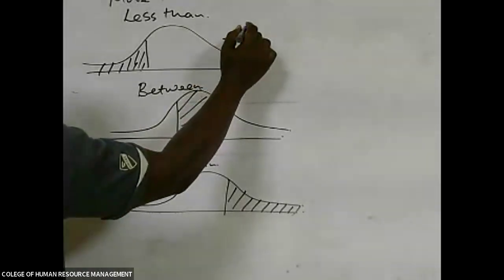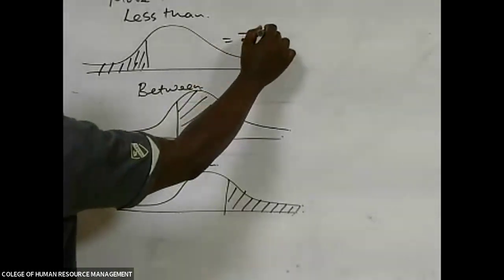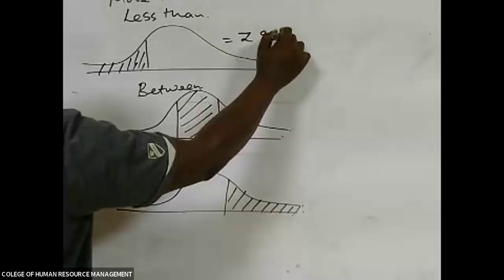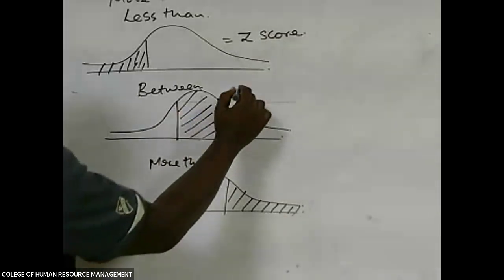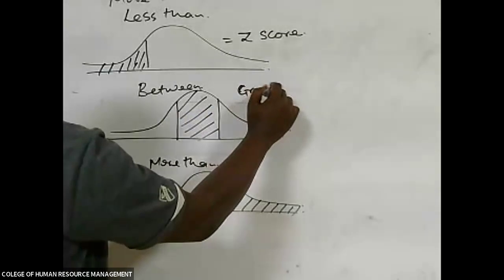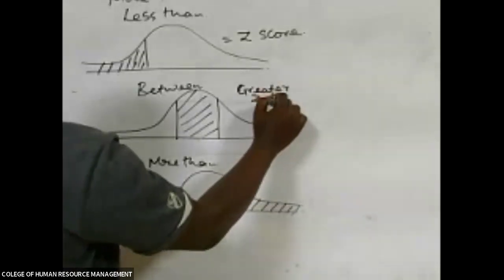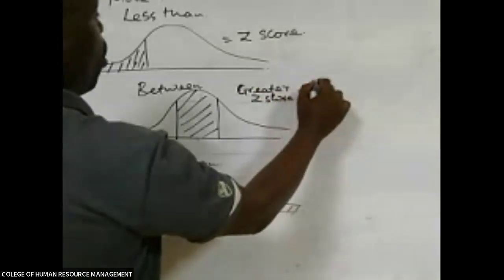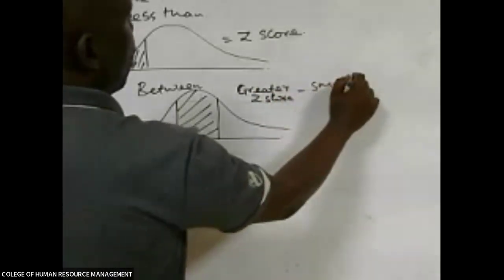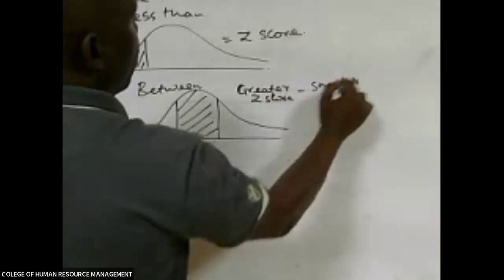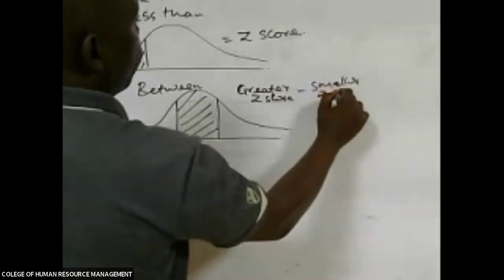For between, you get the probability by taking the greater z-score minus the smaller z-score.